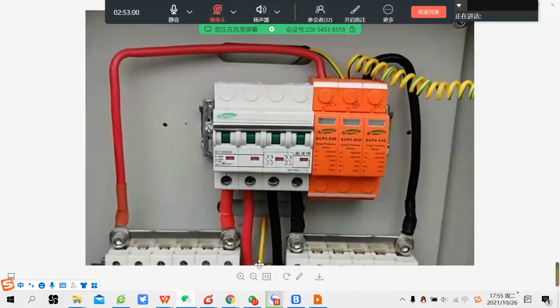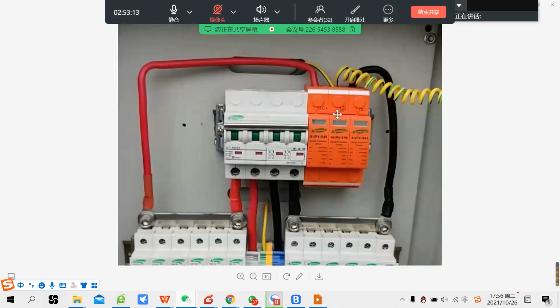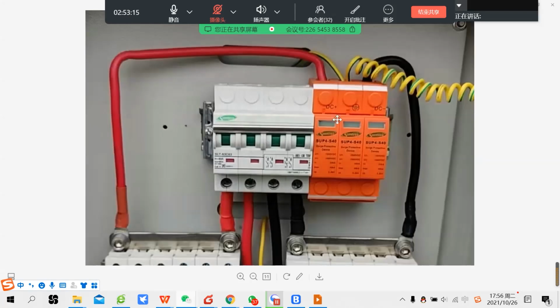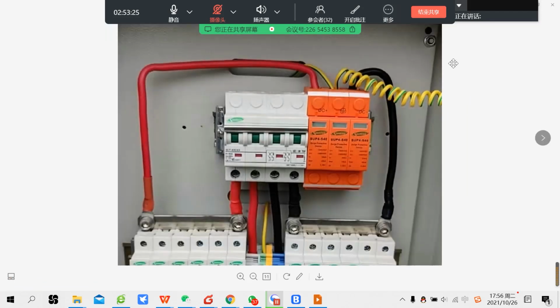This side is all combined, it's one cable here. This is positive, this is negative, and here in the middle is earth. Okay. So if you want to install the SPD, you can reference this one. Okay. Any others?